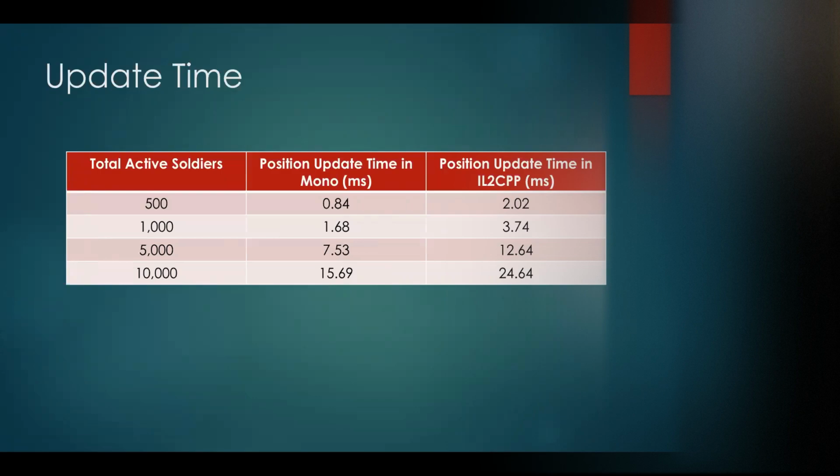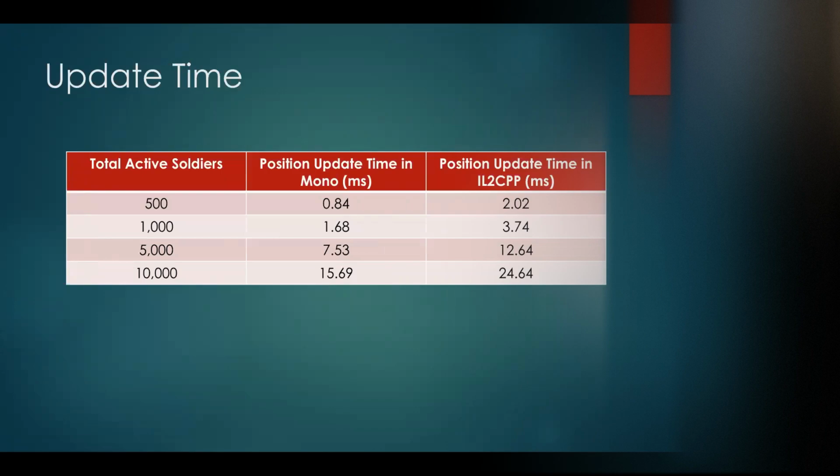So what can we see here? We can see that, okay, for 500 soldiers, in the case of the computer, we're at under one millisecond, which is all right, I guess. In the case of the phone, we're at 2 milliseconds, which is pretty high already, considering we're only moving the soldiers. We're not drawing them. We're not doing collision detection. We're not seeing if one soldier is attacking another one.